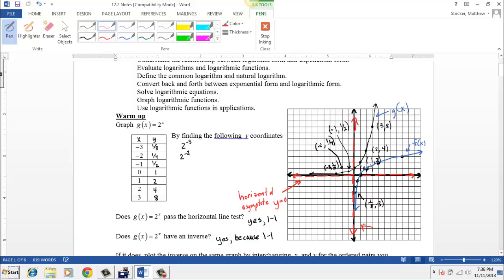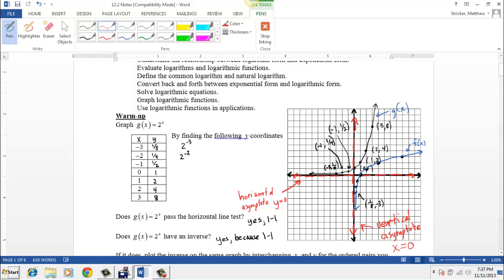This is a vertical asymptote that the blue graph gets really close to but never touches. That's the equation x equals 0 in this case.